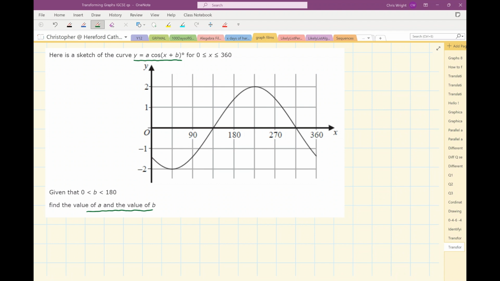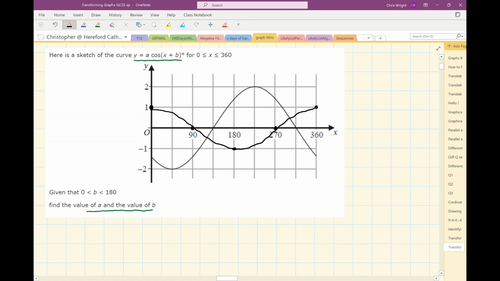Okay, my solution. Well, first of all, I'm going to draw the curve of y equals cos of x. So that is going to be a curve that goes through these points here. So here is the curve y equals cos of x. Now I'm going to start off by looking at the range.